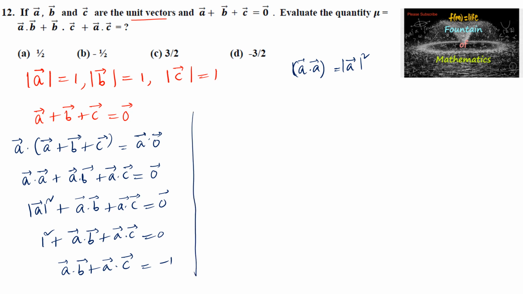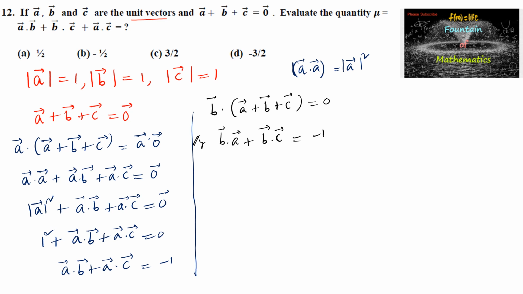Similarly, when you do dot product with the B vector, we can also write B dot A plus B dot C is equal to minus 1.